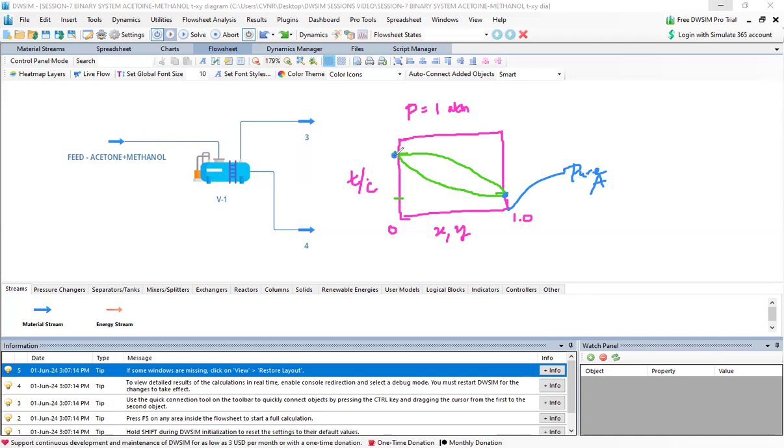This is the temperature of the pure component B. But this case is only when the system is behaving ideal.